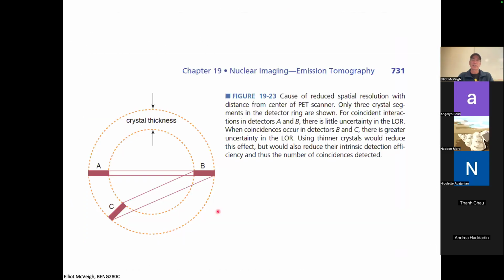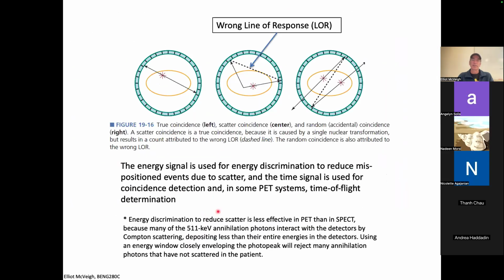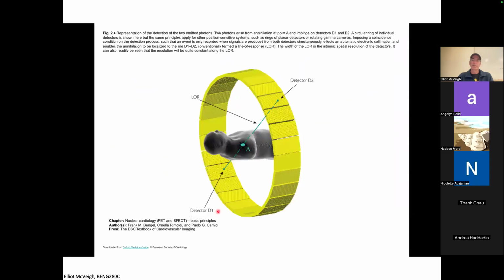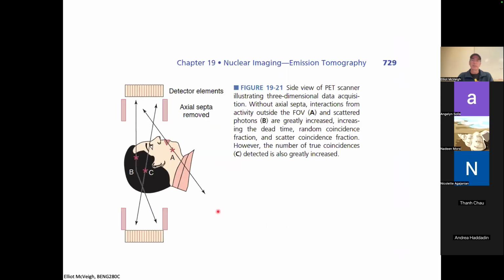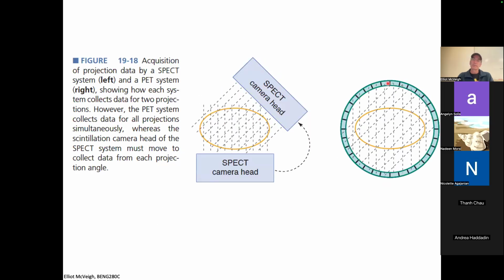So let's get a diagram of this thing again. Let's use this one. Here's our scanner. Here's our patient. And we're just creating a huge list of number of hits, say of this and this, this and this, this and this.